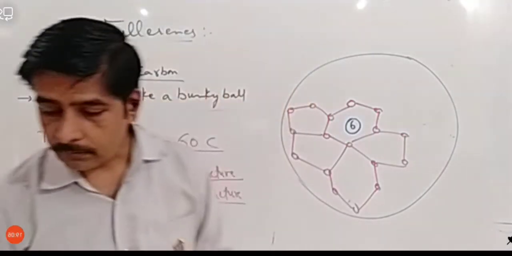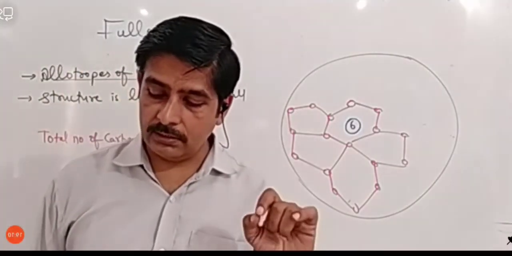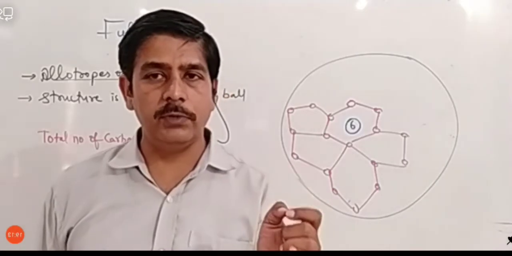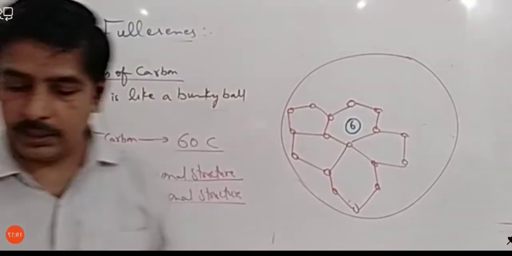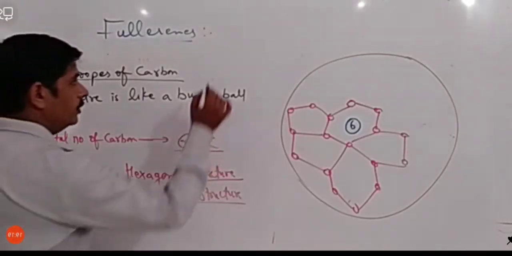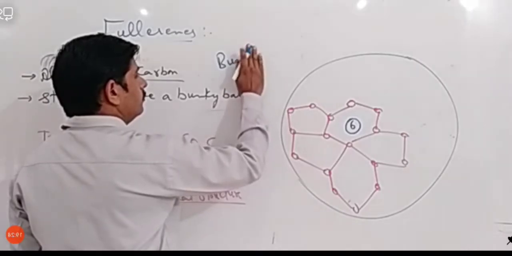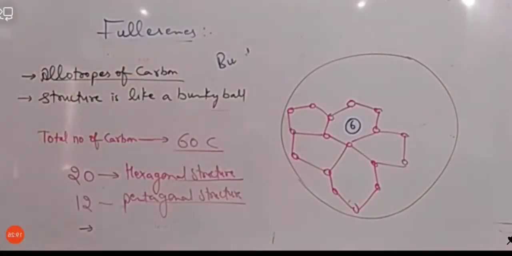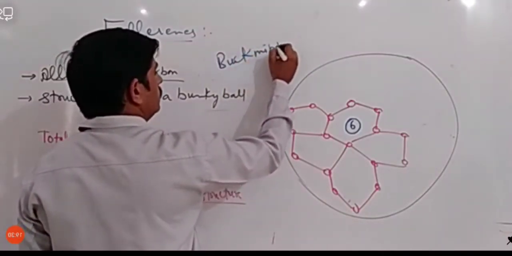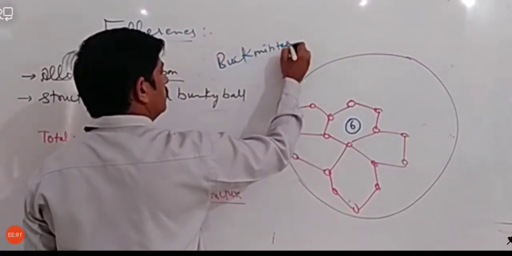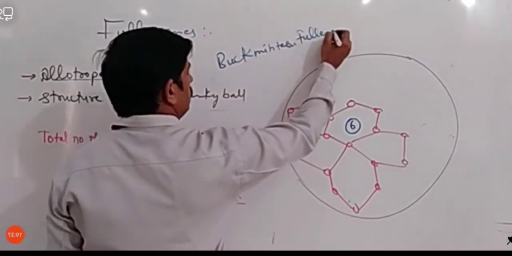And one more thing about fullerene: its name is because of its inventor, and the name is Buckminster fullerene. It is also called Buckminster fullerene, spelled B-U-C-K, not B-U-N.